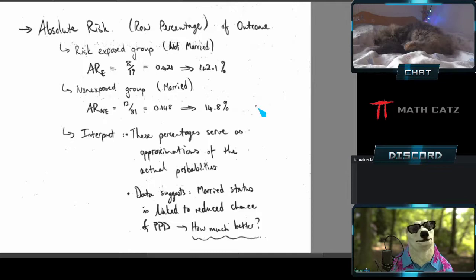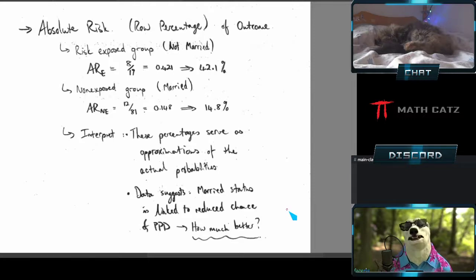But not everyone, right? They want to be given everything. They just want the number. Don't ask me as the reader to do any sort of calculation. So we want to also present a number that tells me exactly how much better or how much worse my chances of getting postpartum depression are being unmarried versus married.